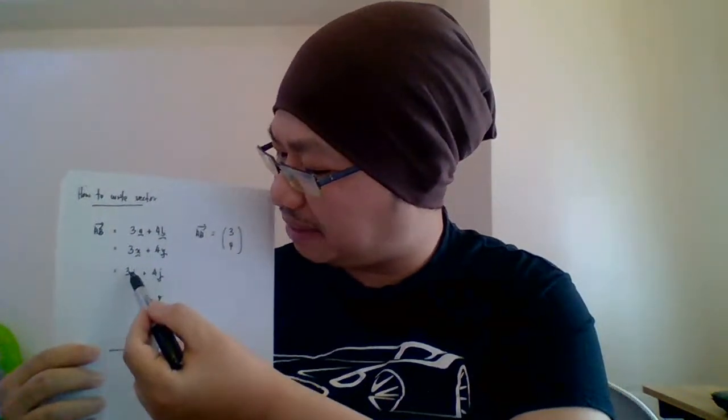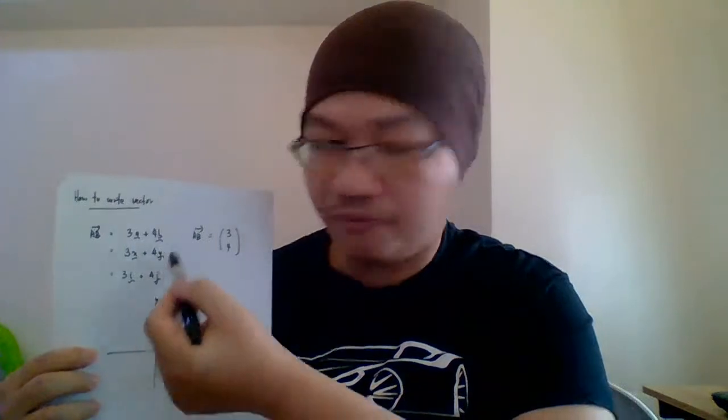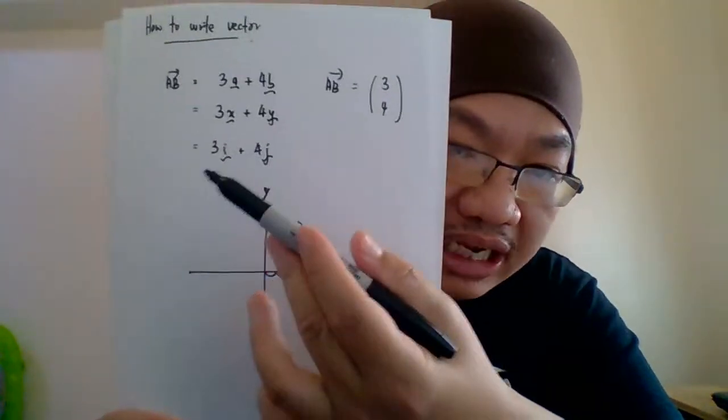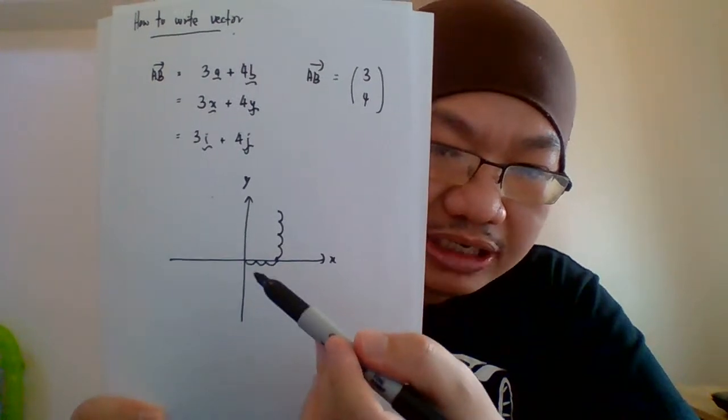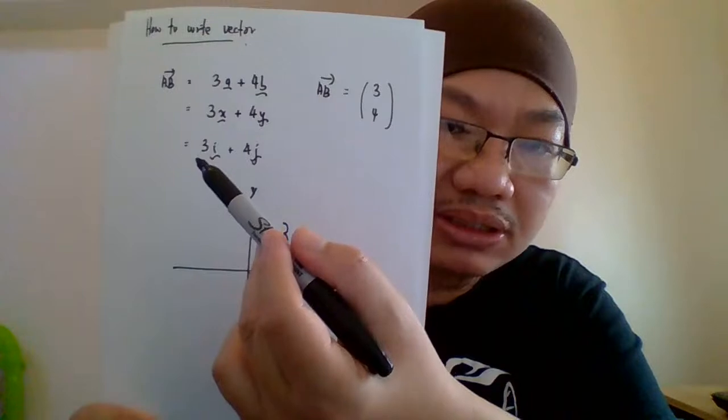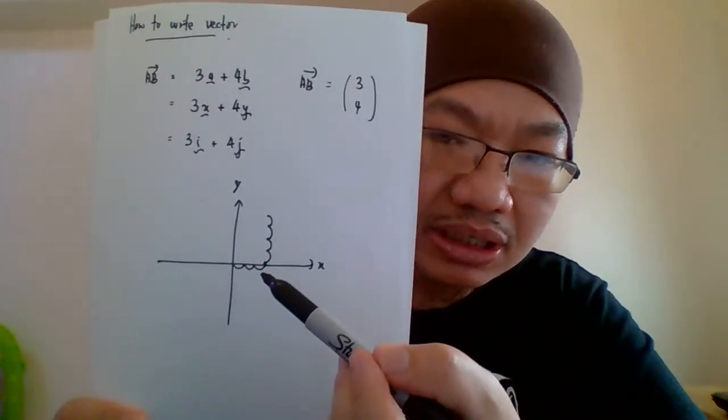So I'm using the same example, 3i plus 4j. 3i, 1 2 3, and 4j, 1 2 3 4. 3i means we jump 3 times, 1 2 3. Why do I jump to the right? Because the value is positive.